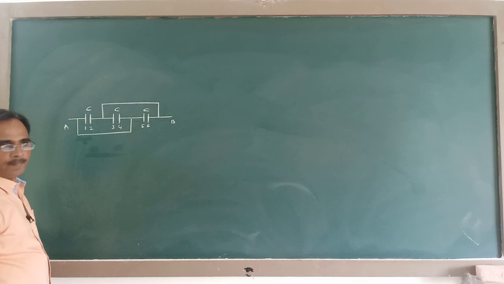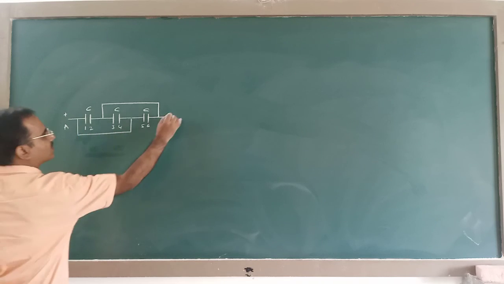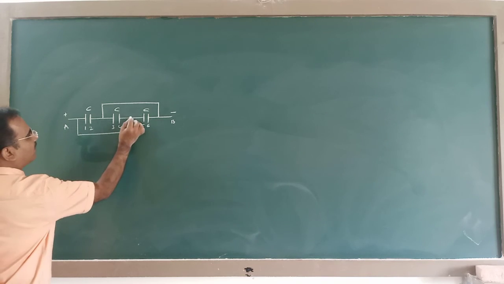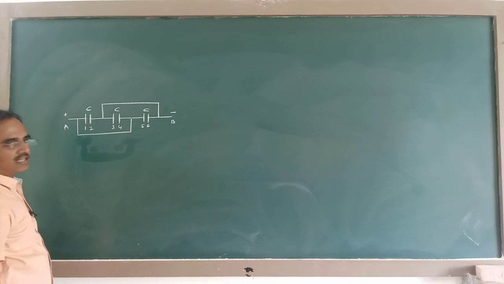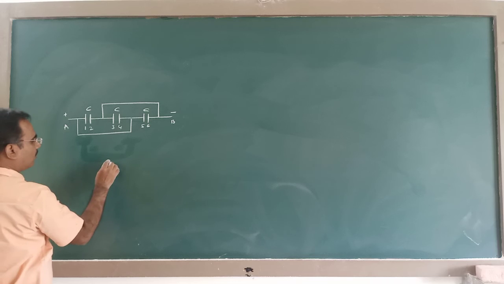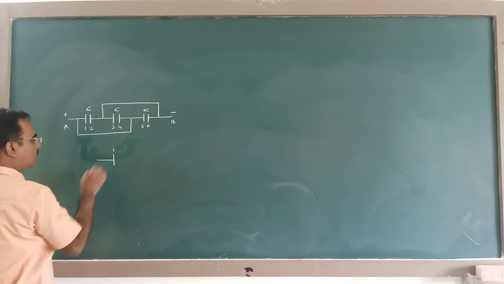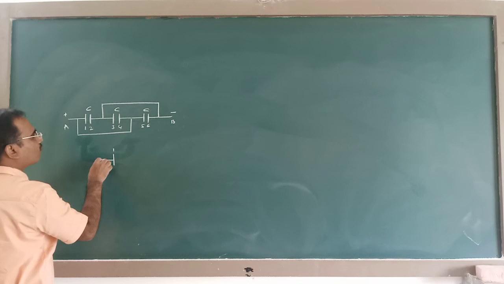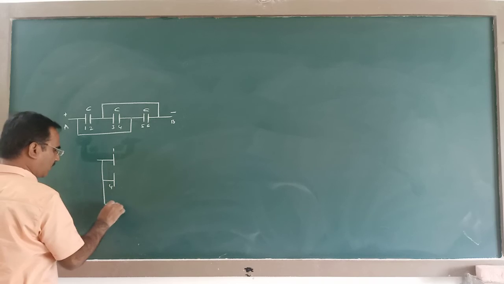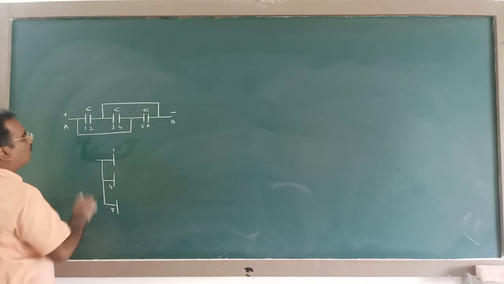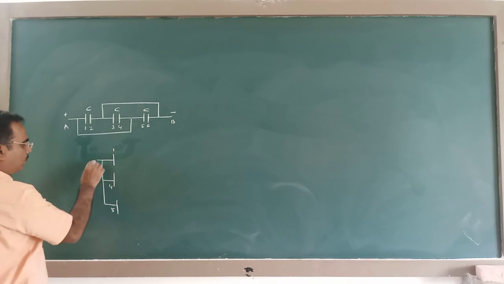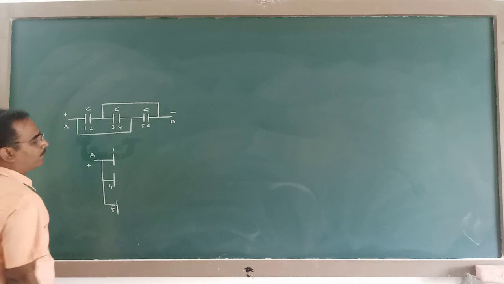You mark these plates. If I apply a potential difference like this, first plate, fourth plate and fifth plate, all three plates get the same positive charge because they are given positive potential.